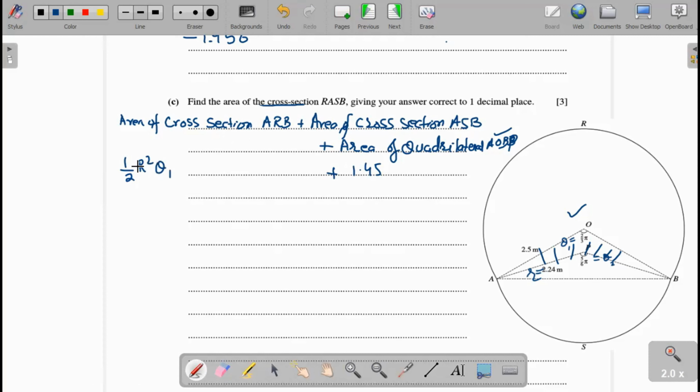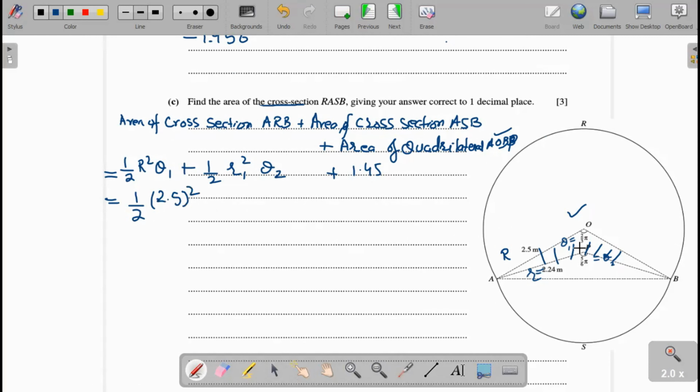Now we name the radius of cross section ARB as capital R. Next is the area of cross section ASP. We name it as 1 over 2 R1 square theta 2. Now we substitute the values. Here you can see R is 2.5, so it can be written as 2.5 whole square into theta 1.